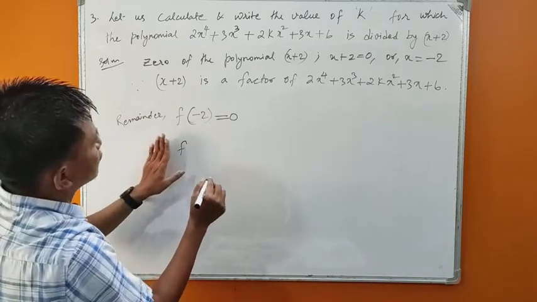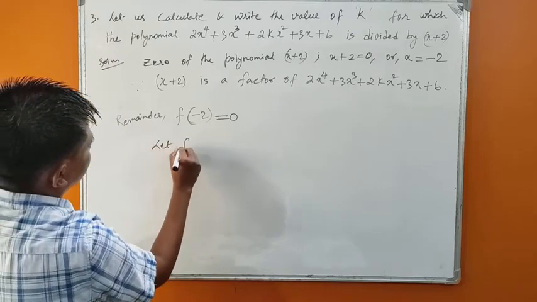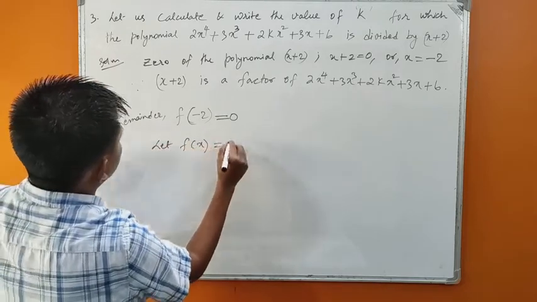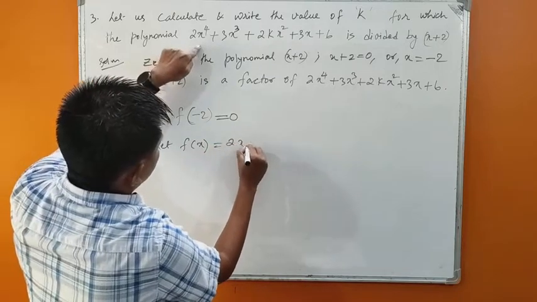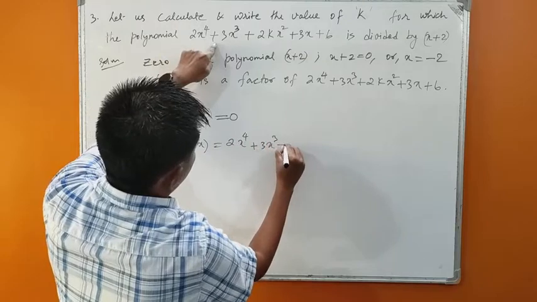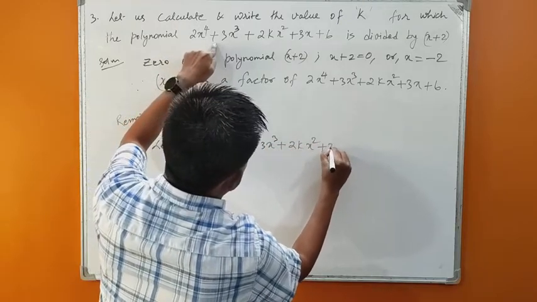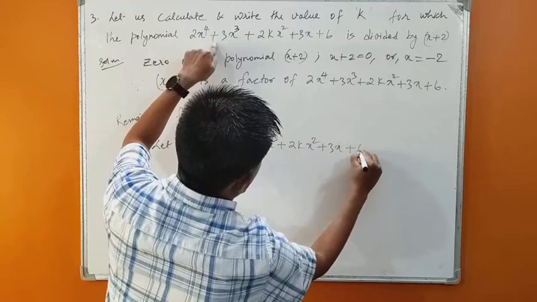Okay, since let f(x) equals to 2x to the power 4 plus 3x cubed plus 2k x square plus 3x plus 6, isn't it?